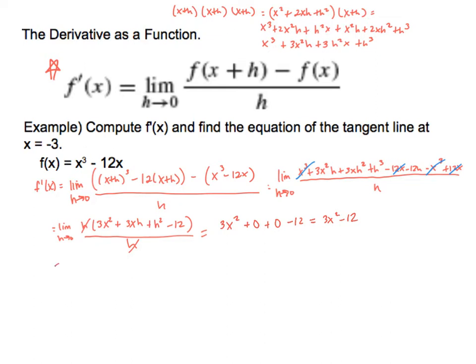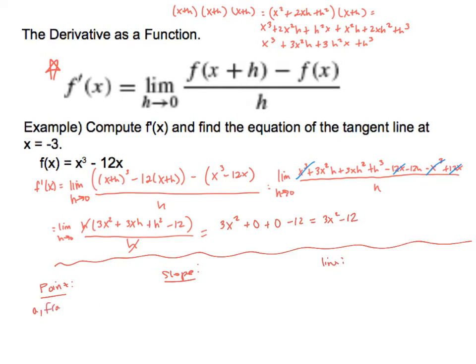Now, the second part to this question is saying, what is the equation of the tangent line at x equals negative 3? So we structure our point, our slope, and our line. So we need a comma f of a, we need f prime of a, and we need y minus f of a equaling f prime of a times x minus a.